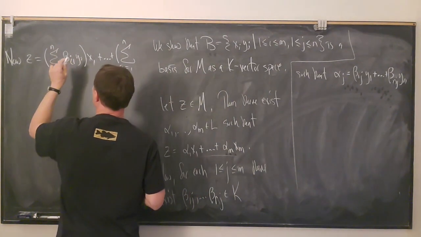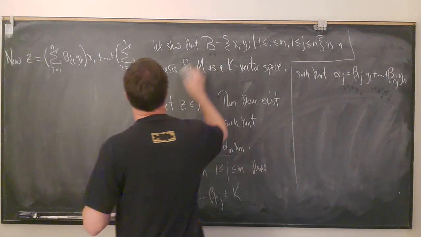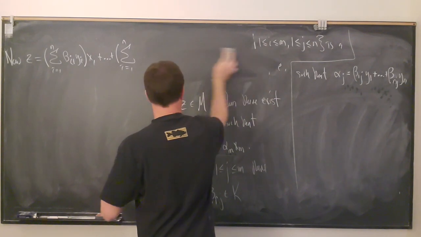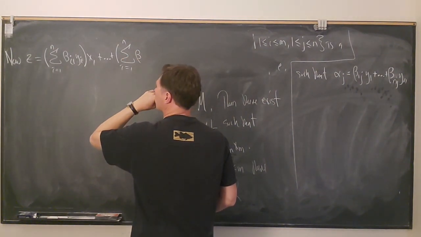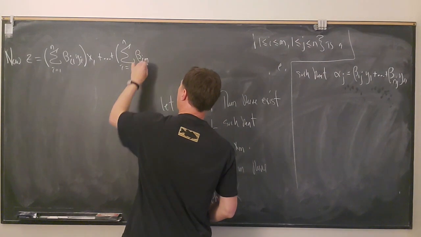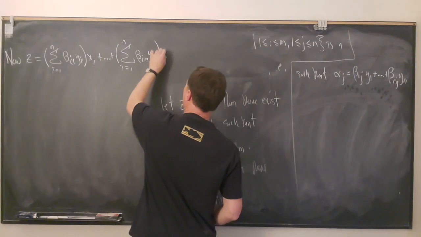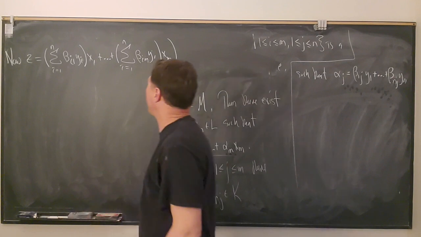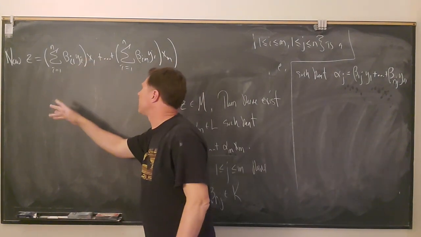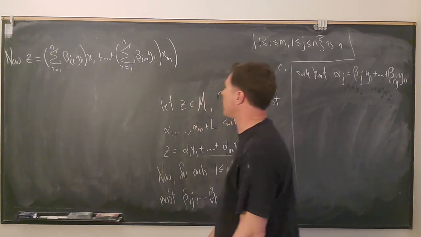Hopefully you can see all these subscripts. And notice when you distribute this, I'm not going to multiply all this out, but we have yi's times xj's.